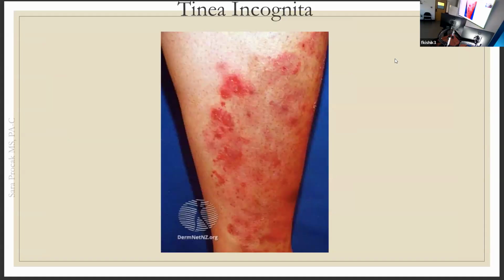Tinea incognita. So tinea incognita is perfectly named for what it is. It's going to be a fungal infection that is incognito. It's not obvious. The history here is usually that your patient has gone and seen a provider who looked at their lesions and thought it was an inflammatory rash, like eczema, and gave them a steroid to use.